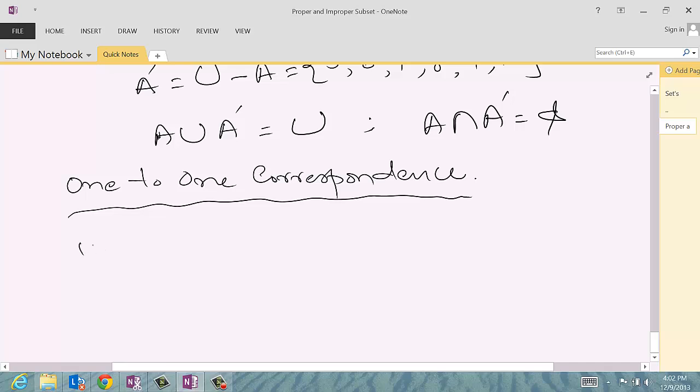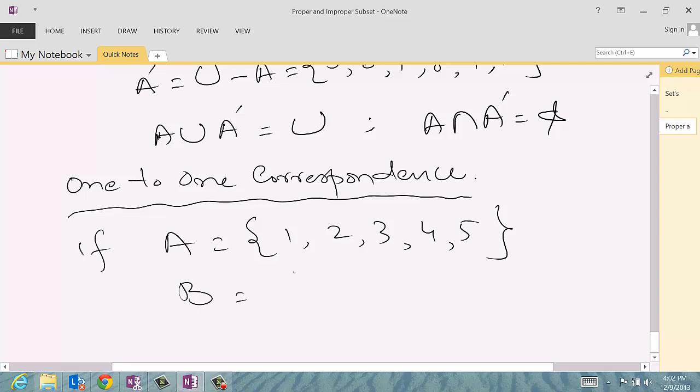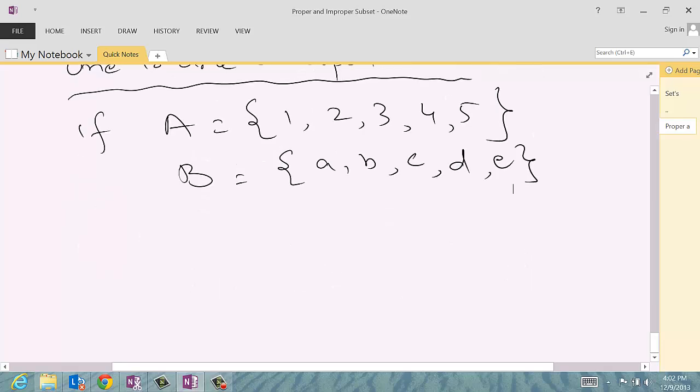For example, if A is equal to {1, 2, 3, 4, 5} and B is another set, that is {A, B, C, D, E}, then we can establish a one-to-one correspondence in such a way that when 1 is associated with A, we can make a pair and write it as 1A. 2 has correspondence with B, or we can write 2B.